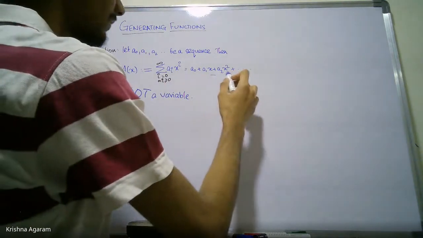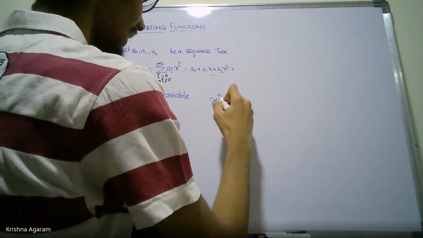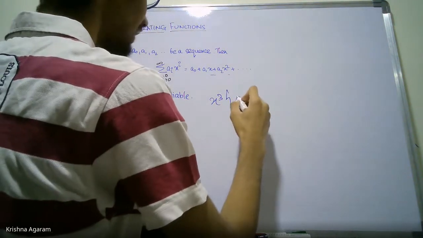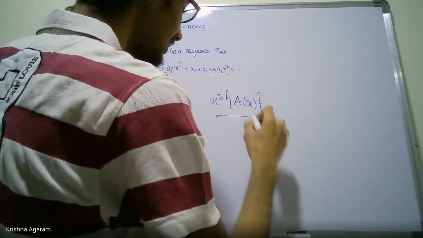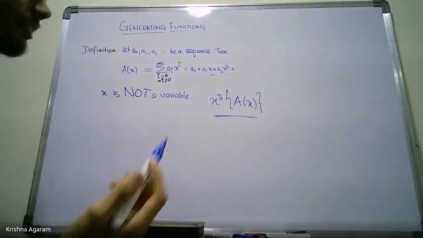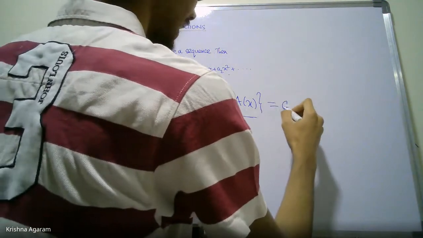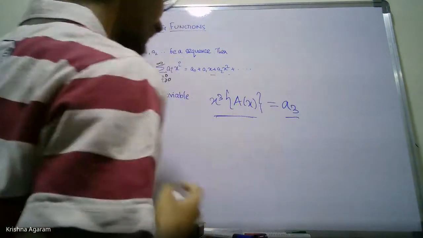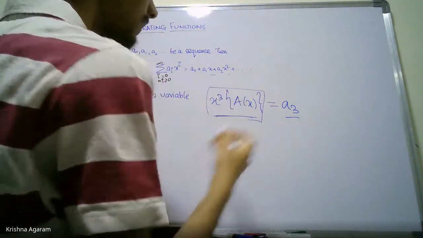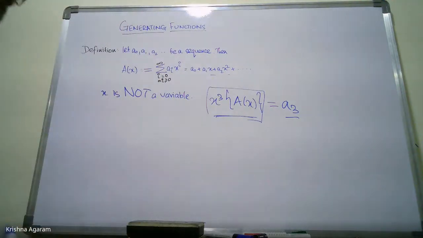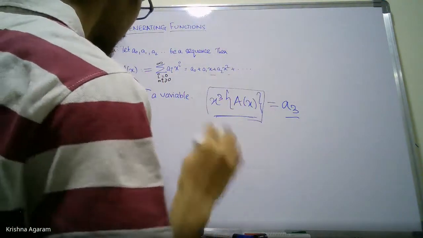And why you take different powers is just so that you can easily say, suppose x cube. I'll keep using this notation. It's not standard. It just means coefficient of x cube in a of x. So this directly gives you a3 and only a3. So finding coefficients of different powers gives you the elements of the sequence. That's why you take different powers as well for the placeholder x, not a variable.